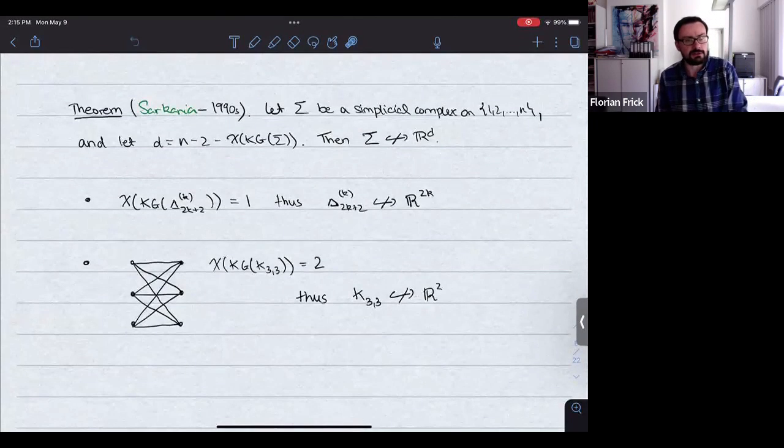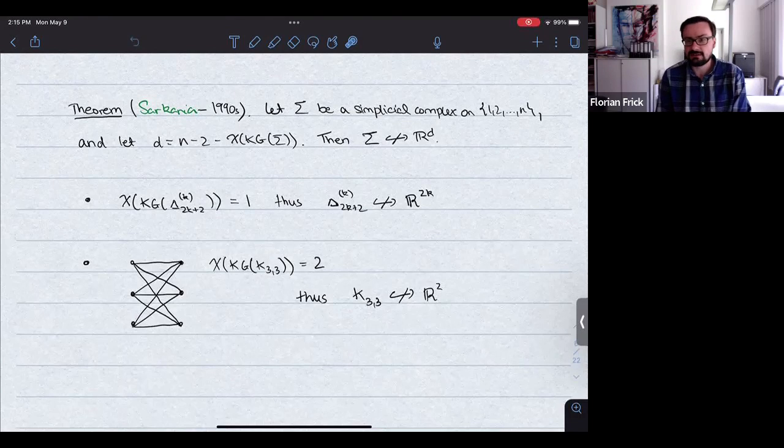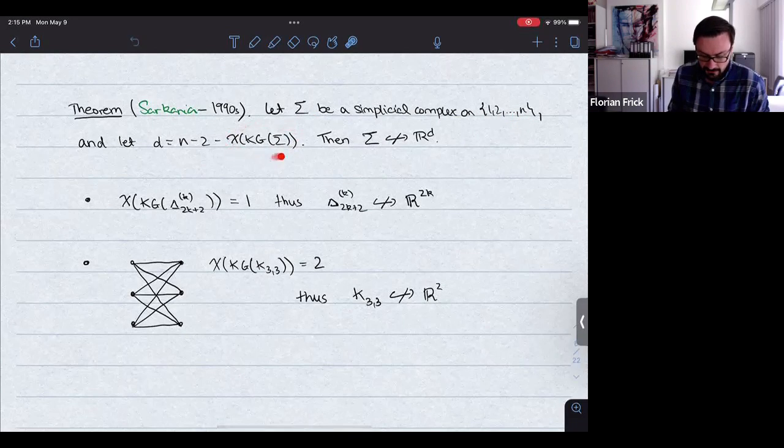All right. And then the very general non-embeddability result that I want to state is due to Zakaria. And I put here 1990s because it's something he's developed over a bunch of papers, and he's never actually stated this result, but essentially that's the result he could have stated and the result he has proven, which is: if you have a simplicial complex on vertex set 1 through n, then just take this coloring parameter that we just defined and look at the number n minus 2 minus this number of colors.